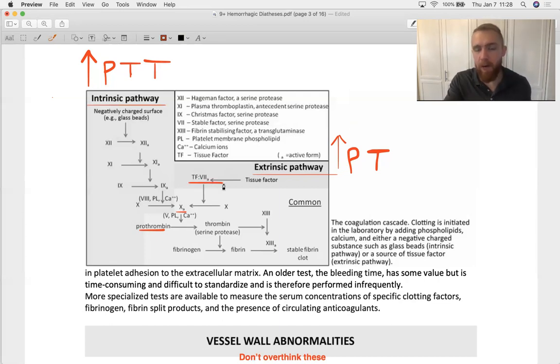PT is just a better measure of warfarin function. That's all I can say. Likewise, why do we use PTT and not PT for heparin? Well, PTT is just a little bit more specific for heparin function. It's a better measure of its function relative to any other drugs a patient could be on. But again, big takeaway, both PT and PTT are elevated in both warfarin and heparin use.